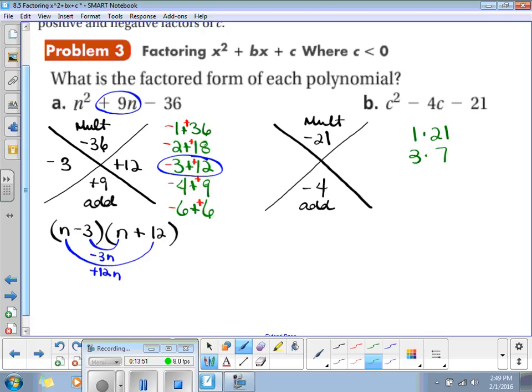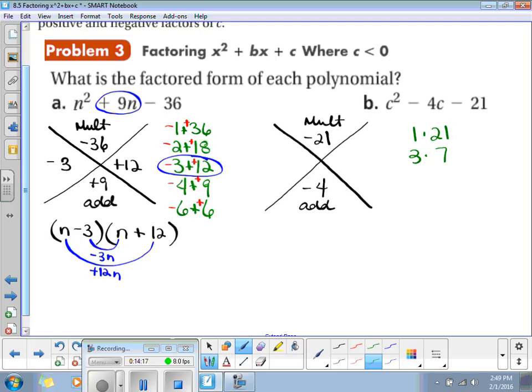So that means that one has to be positive and one has to be negative. But when we add, we want to get a negative 4. So, which one has to be positive and which one has to be negative? Tyler? The 7 has to be negative. The 7, or the larger one, has to be negative, right?